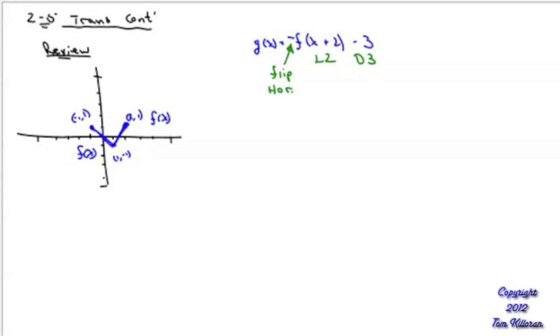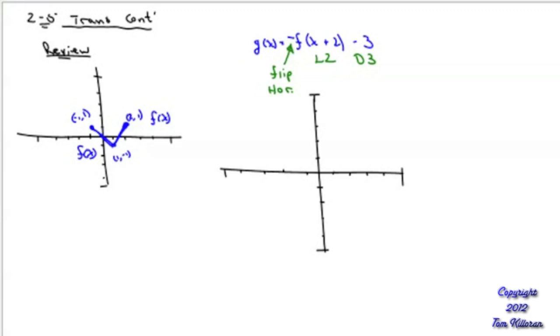Okay, so all I need to do is take that picture and move it in this way. Where is it going to go? Now, one way you can deal with this is a point-by-point way, but that gets a little confusing. So I'm going to do the imaginary axis thing.